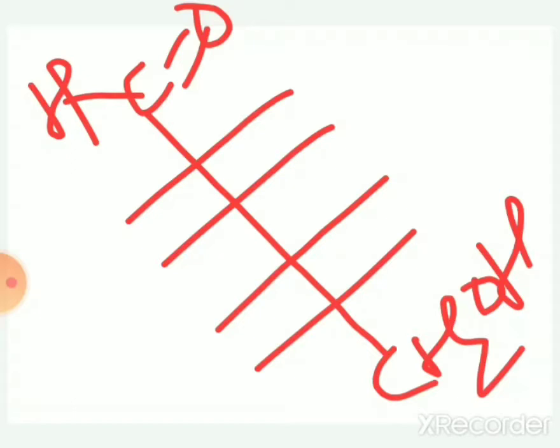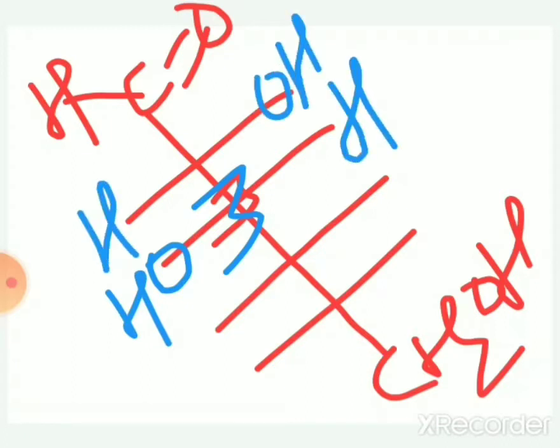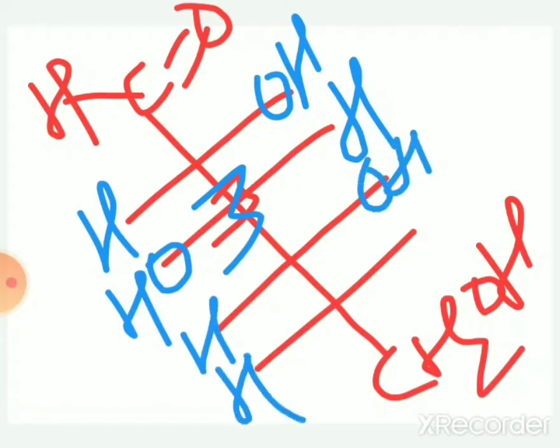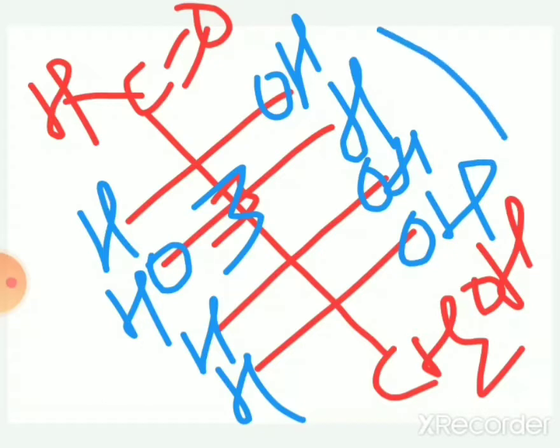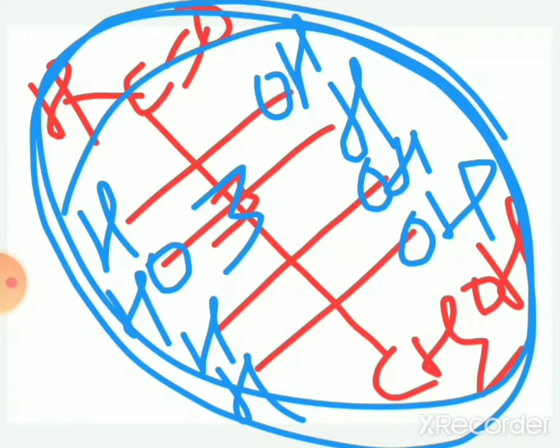From the top, on the third carbon, the OH group is on the left side, and the remaining carbons have H and OH. This is the structure of glucose.